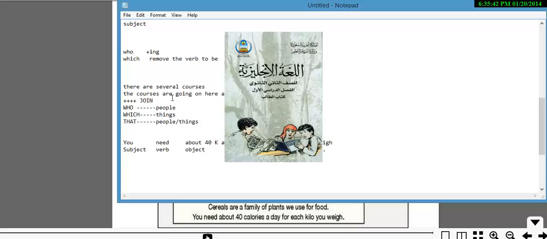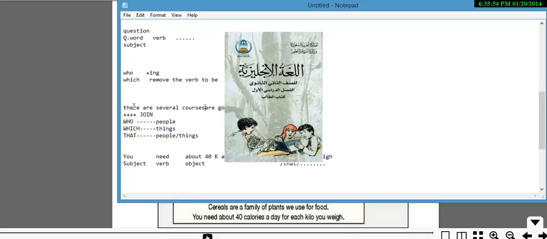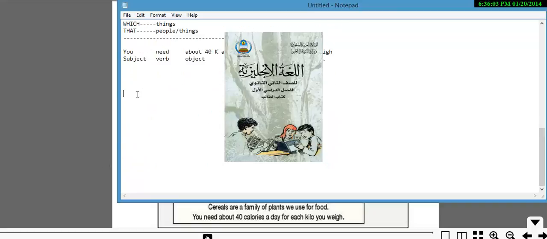Okay, but in terms of the other sentence here on the top, as you can see, there are several courses. Let's just try to make a comparison. As you can see, there is the subject, and then several courses, and then which are.